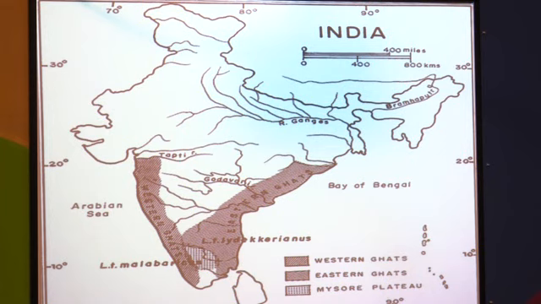The highest peak of the Western Ghats is Anaimudi, height is 2695 meters, and Doda Betta is also there, height of Doda Betta is 2637 meters. So students, clear, elevation is more on the western part.